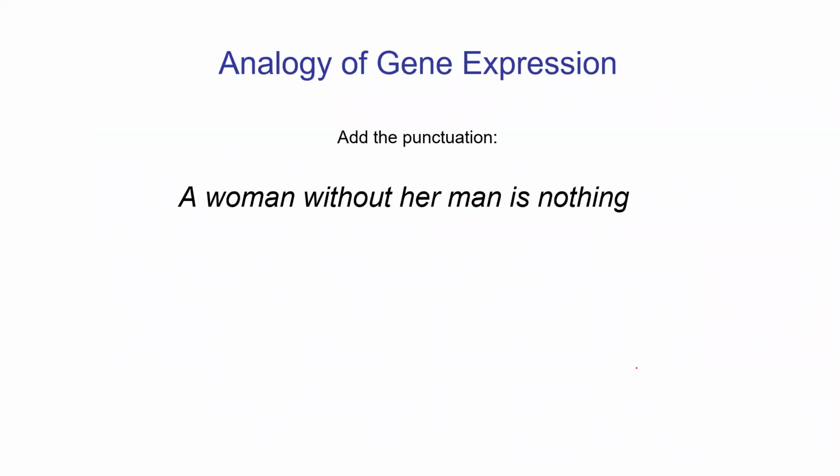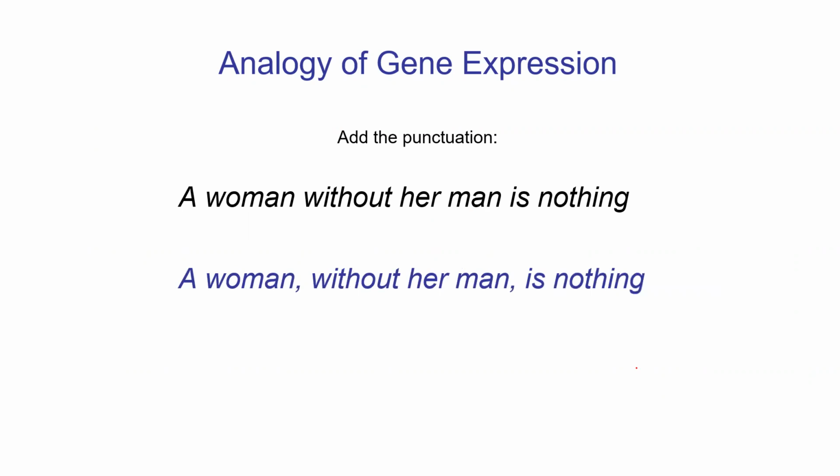So to introduce what gene expression is, I have this analogy. This is a challenge, right? Add the punctuation. People are probably looking at this, and usually the men in the classroom say, well, yeah, that's easy. You just put in a couple of commas.